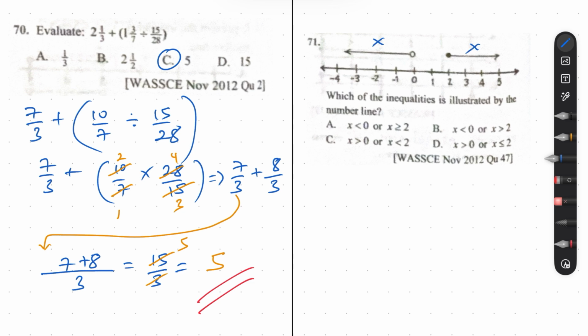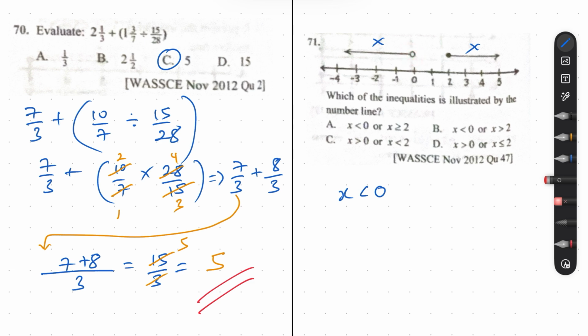Now in this part it says x is less than what? x is from 0 downwards. That means x is less than 0. And then the sign here means the 0 is not inclusive, because the circle here is not shaded. So let's write it down. x is less than 0, and 0 is non-inclusive because of this sign.